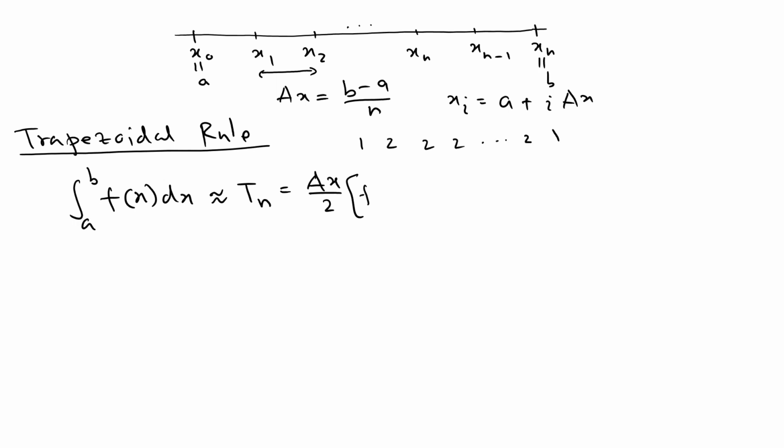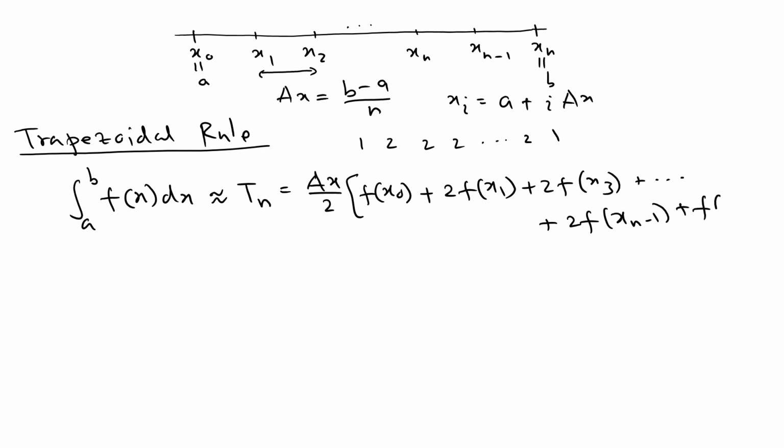That means we start with the first one, f(x naught), and then every other node you multiply by 2, and at the end it's 2 f(x_{n-1}) plus f(xn). So that's the rule for the trapezoidal one. All internal nodes have 2, and the first and last have 1 as coefficient.